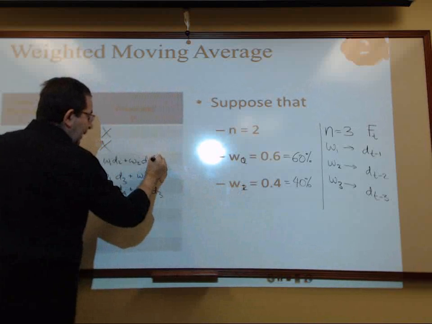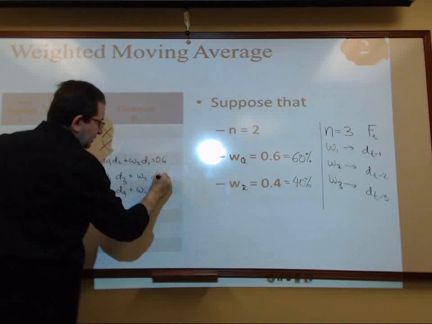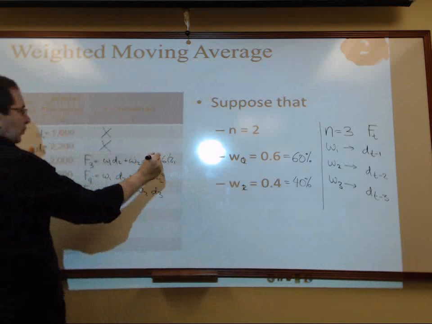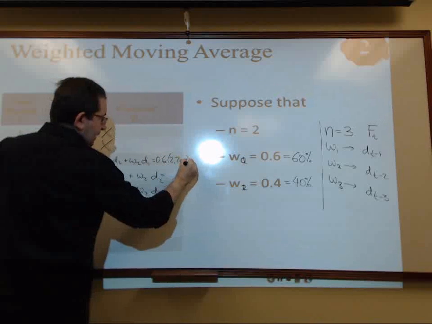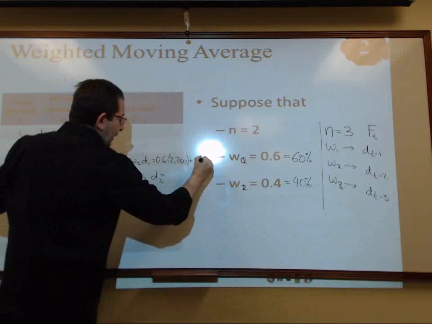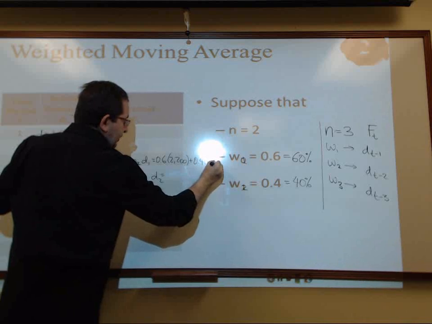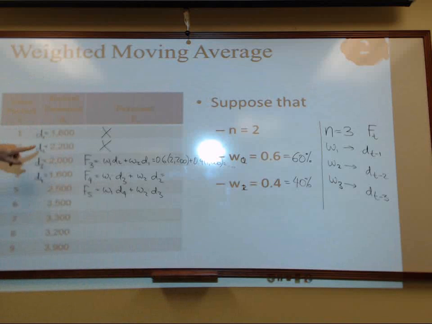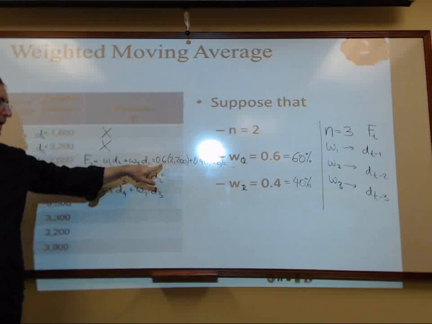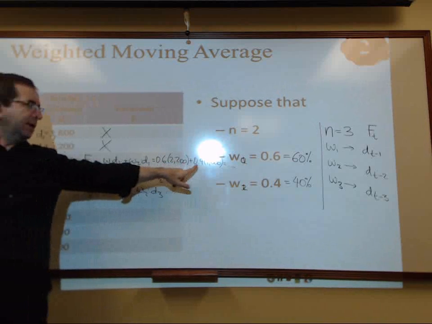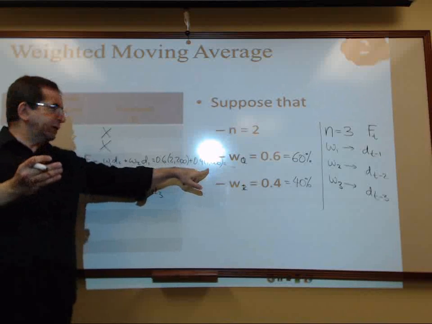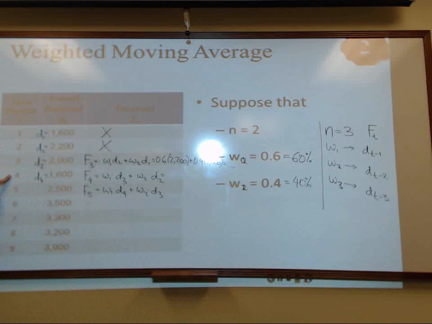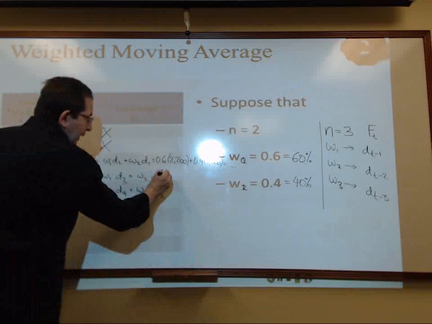So 0.6 times 2,200 plus 0.4 times 1,600, whatever that number is. So this is more recent, it gets 60% weight. This is less recent, it gets 40%.